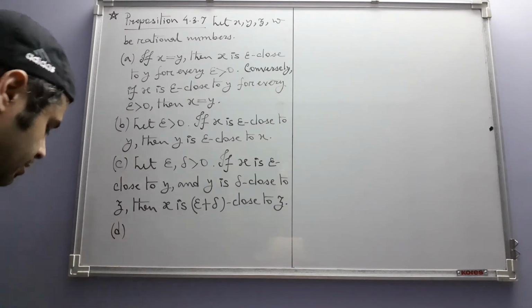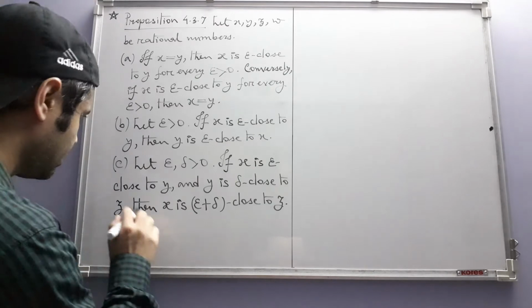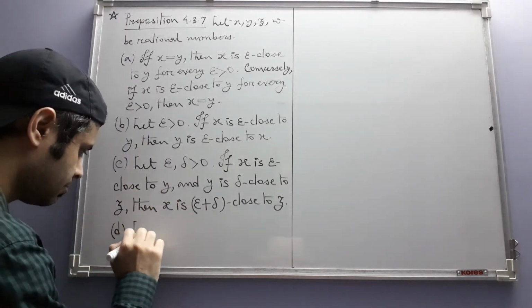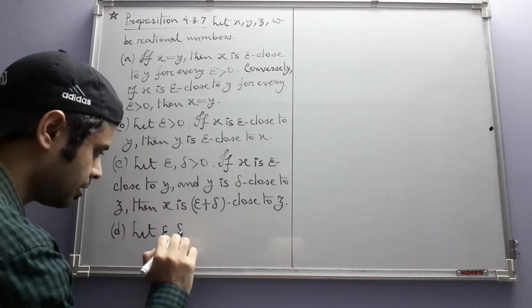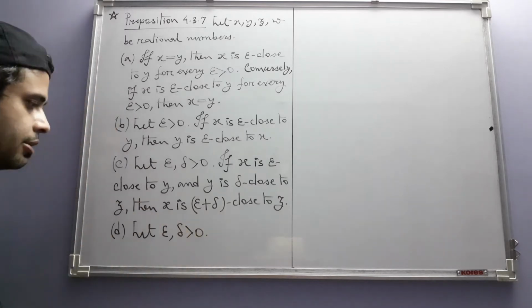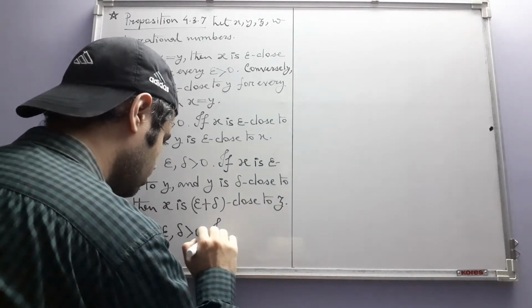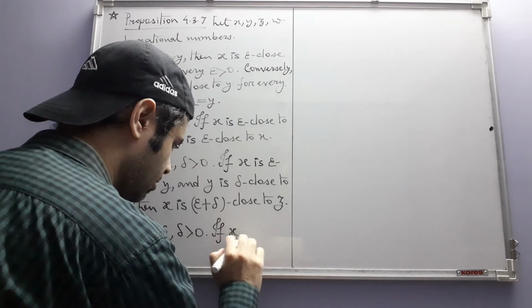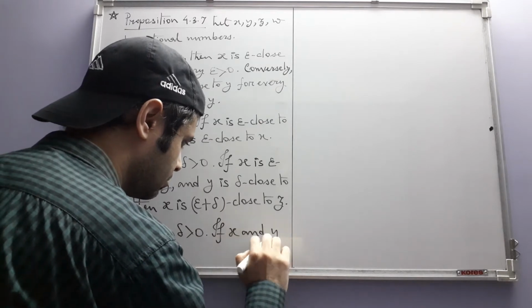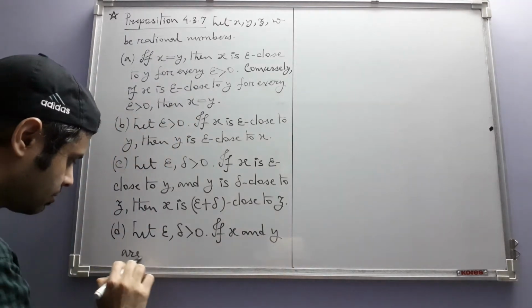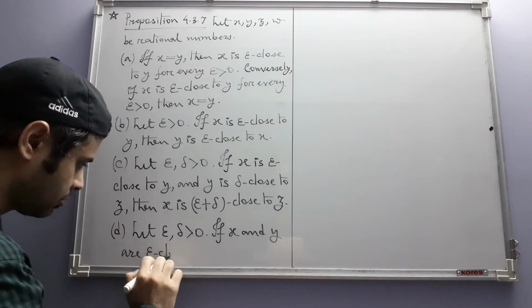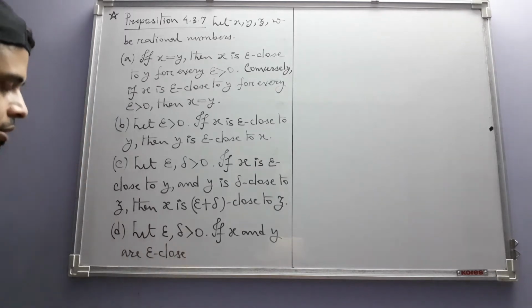Then part D. Part D also starts like that. Let epsilon and delta be two positive rational numbers. If x and y are epsilon close, here you see that the style of writing is slightly different.